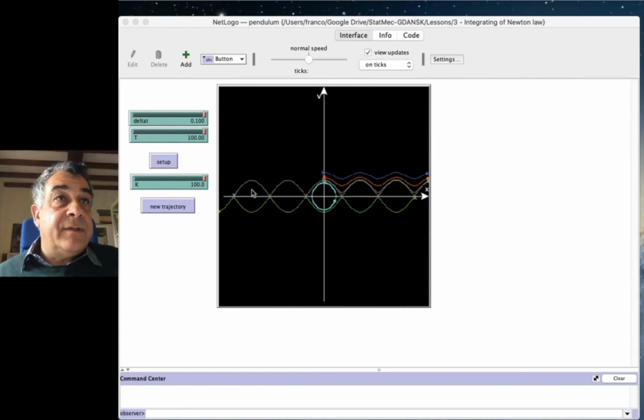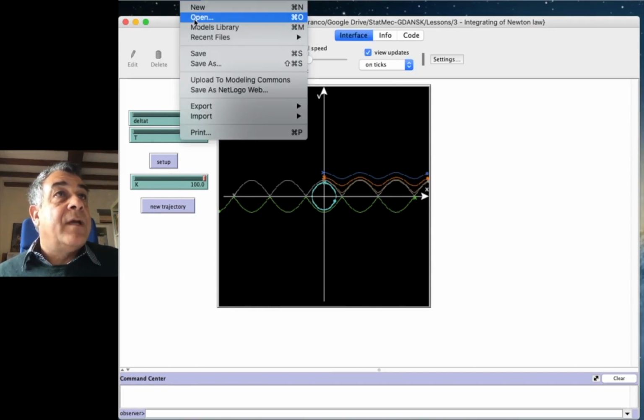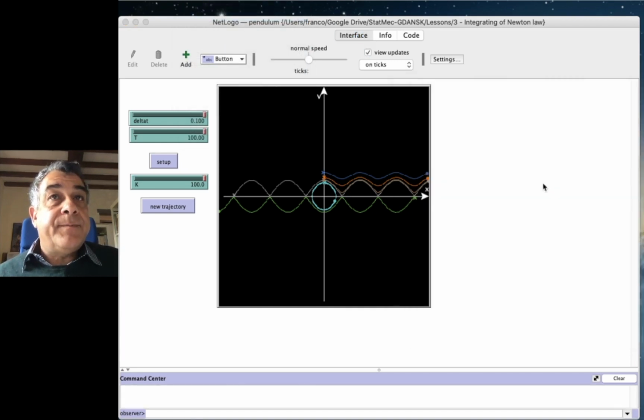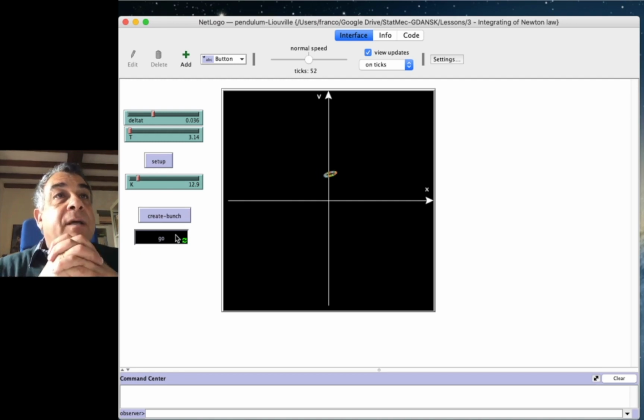So I have this separatrix. But since this is a nonlinear system, I can check the Liouville theorem. I can create a bunch of trajectories and see them evolving in time.